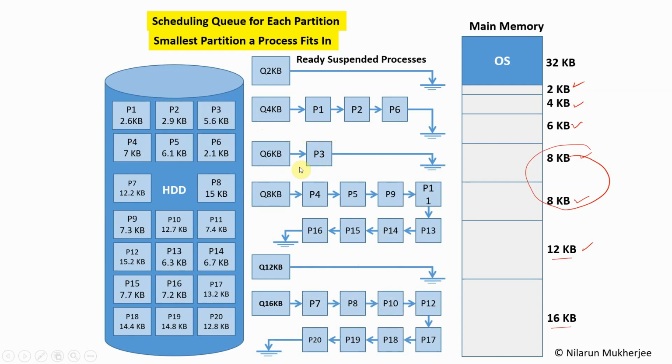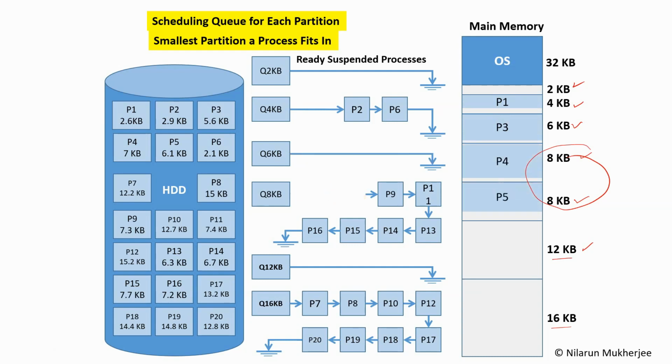Now if we follow first in first out, p1 will be loaded, then in the 6 kb partition p3 will be loaded, and for the 8 kb partitions p4 and p5 will be loaded. 12 kb will remain empty, and for 16 kb p7 will be loaded. What we observe here is that some queues have no processes, for 12 kb, and no more processes for 6 kb.